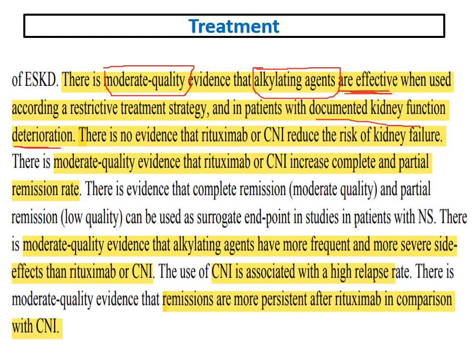So in these patients, alkylating agents are the best option. There is no evidence that rituximab or CNI reduce the risk of kidney failure. So in patients with kidney deterioration, again, alkylating agents are the options.